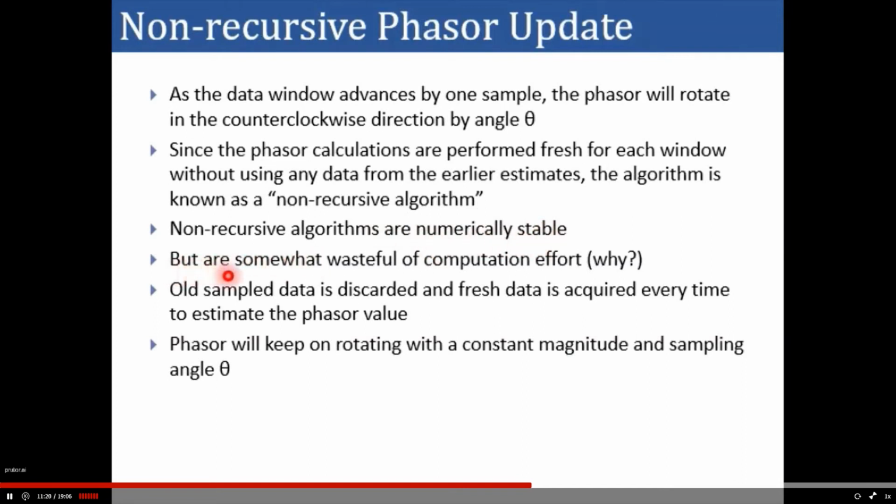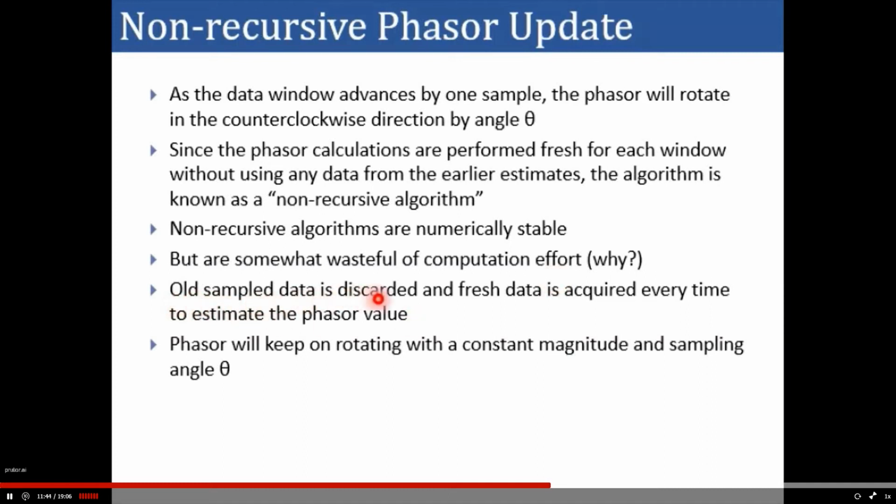So in that case, what is happening? We are wasting computational effort because every time we start our calculation fresh, and for each window the calculation is done independently without utilizing the samples which are common in both windows.